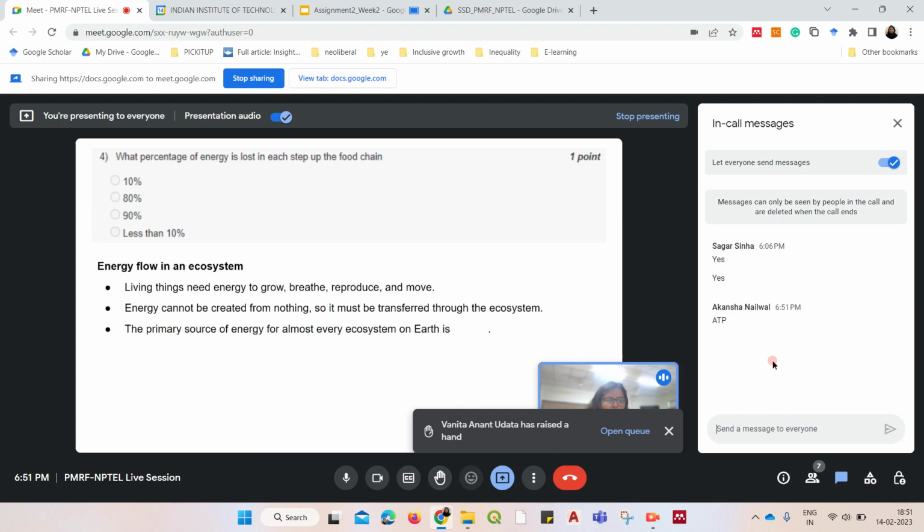I did not understand what ATP means. Light and heat. Okay, light and heat are a type of energy, but what is the source of light and heat? Where is it coming from? Any other answers?